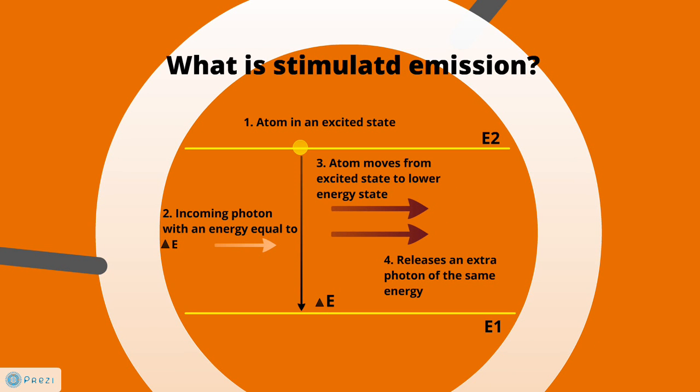If we have an atom already in an excited state, as we can see here, then we have a photon coming in with an energy equal to the energy of the separation of the two energy states, delta E. The photon will cause the atom to move from an excited energy state to a lower energy state. In this process, it will emit another photon with an equal energy to that of the incident photon.